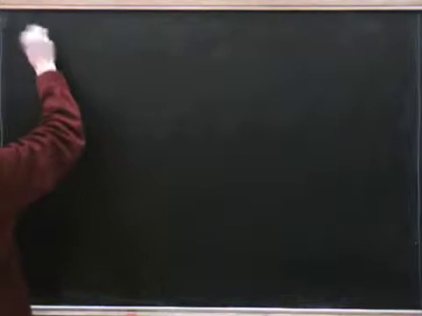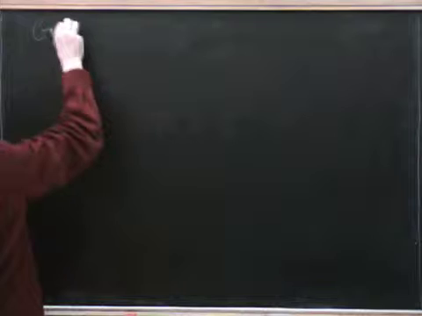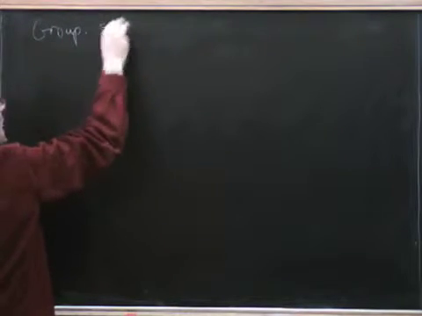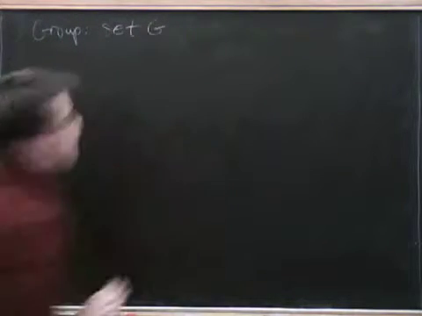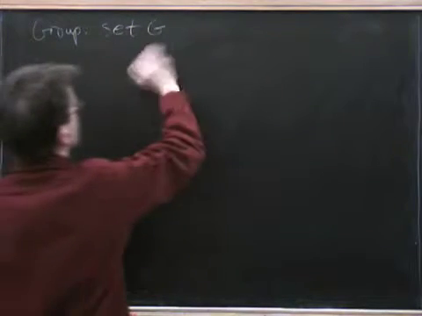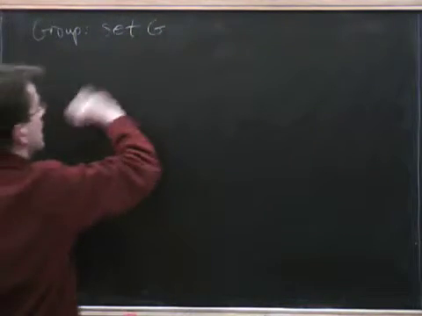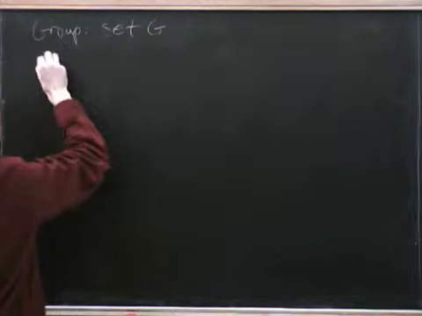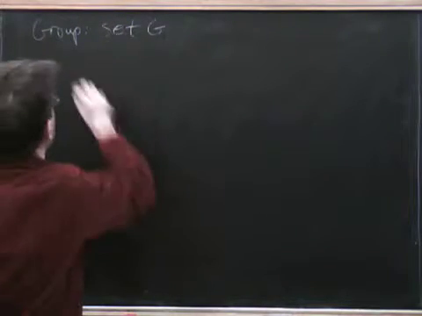So what's a group? A group, as you well know, is a set G with some stuff. So what sort of things does a group have? Firstly, it has a product, so there's a notion of product of two elements.